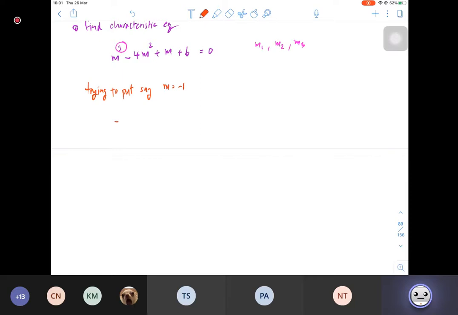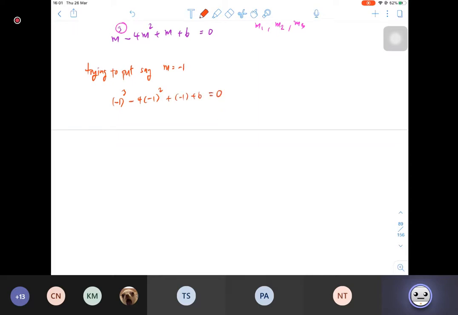You're going to have minus 1 cubed minus 4 times minus 1 squared plus minus 1 plus 6 equal to 0. When you evaluate this, you get minus 1, minus 4, minus 1 plus 6 equal to 0. And 0 equal to 0, which is correct.